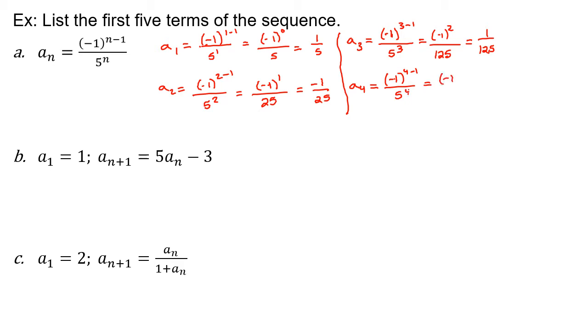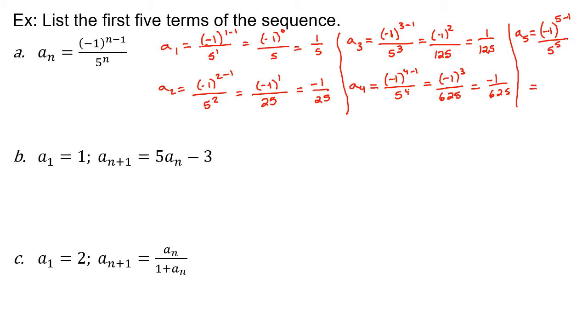So that's negative 1 cubed over 625, or negative 1 over 625. And then a sub 5 for the 5th term would be negative 1 to the 5 minus 1 over 5 to the 5th. 5 minus 1 is 4.